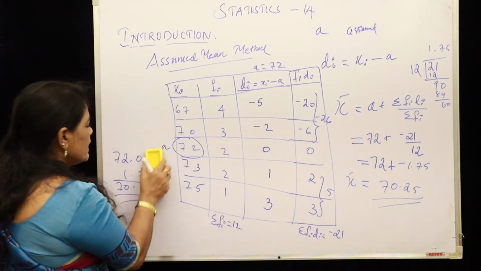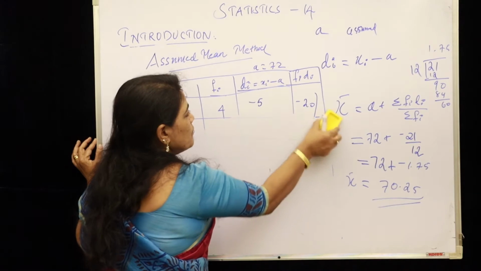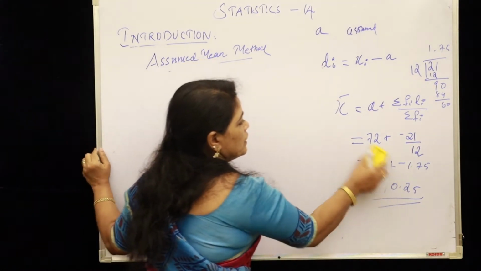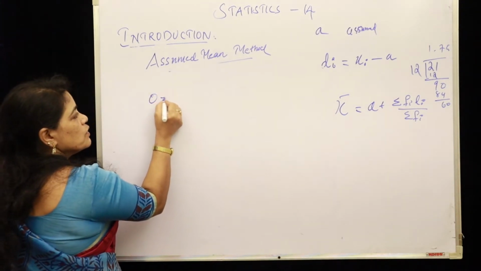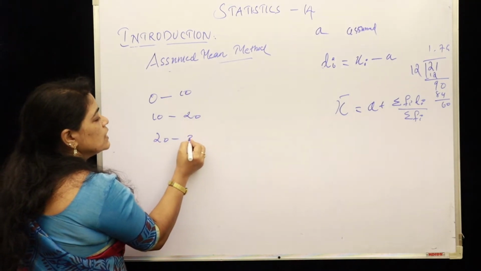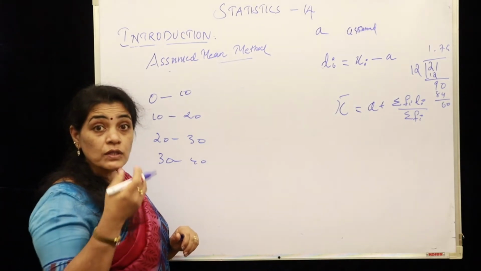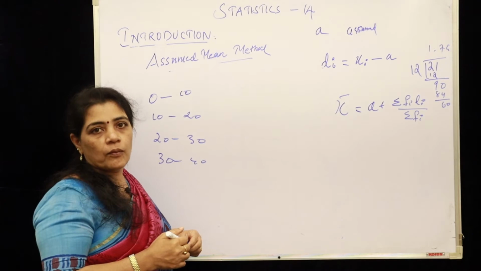I will explain that also. I will just write an example: 0 to 10, 10 to 20, 20 to 30 and 30 to 40, just for an example, to show how this formula can be applied for the continuous class interval form.